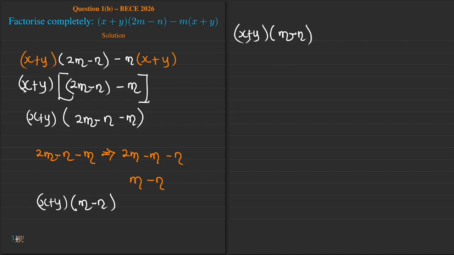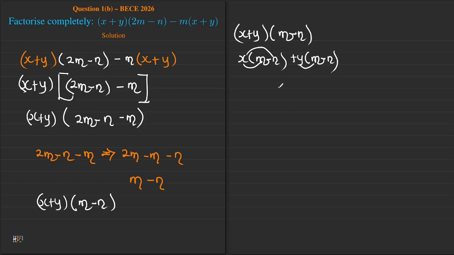In expansion, we know the x multiplies this whole bracket and then the y also multiplies this whole bracket. So we have x into bracket (m - n), then y into another bracket (m - n). So we now expand this way as well.